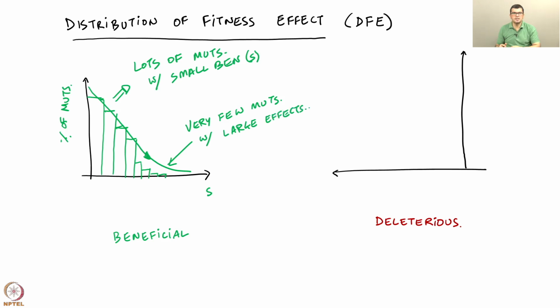That is the general consistent theme that we have learnt about distribution of fitness effects through many experiments in many different species of organisms that this has been studied in.